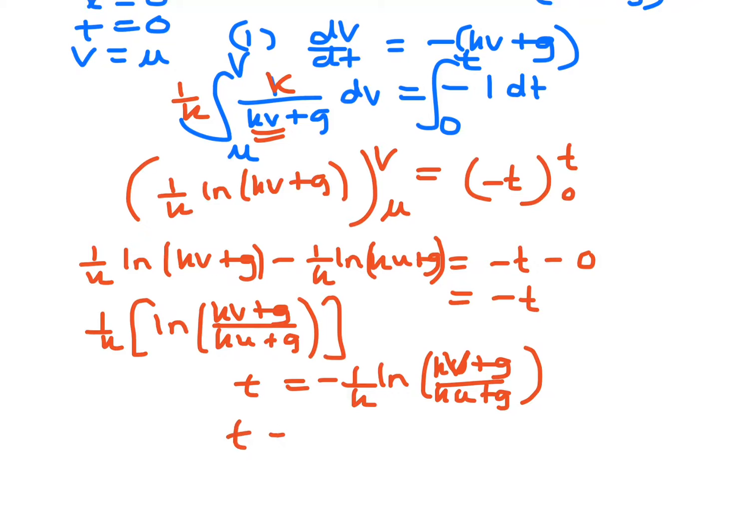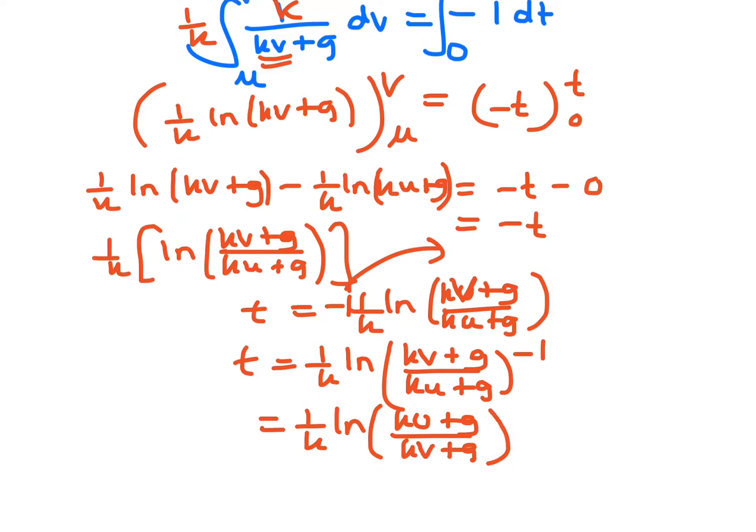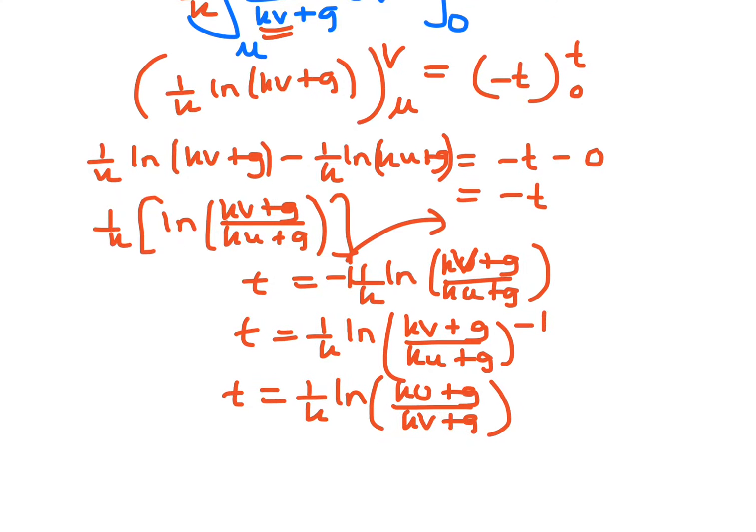Now that negative there, if you bring it up and you make it an index, (kv plus g) on (ku plus g) to the minus 1, then that just flips it. So it's (ku plus g) on (kv plus g) equals t. So that's okay. Now what I have here is that I have the time in terms of v.